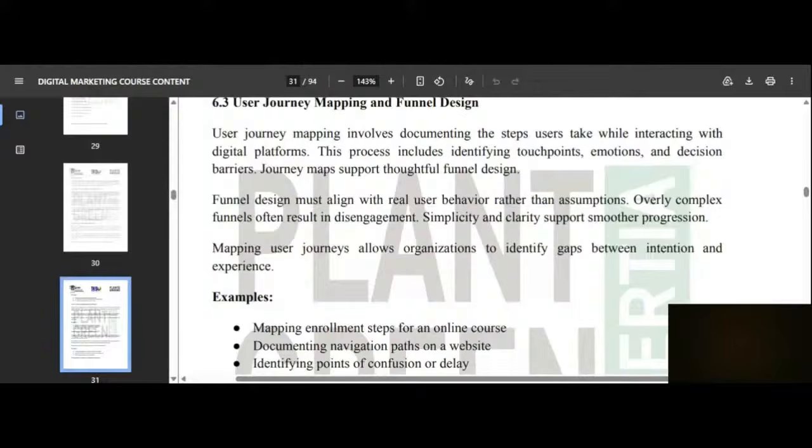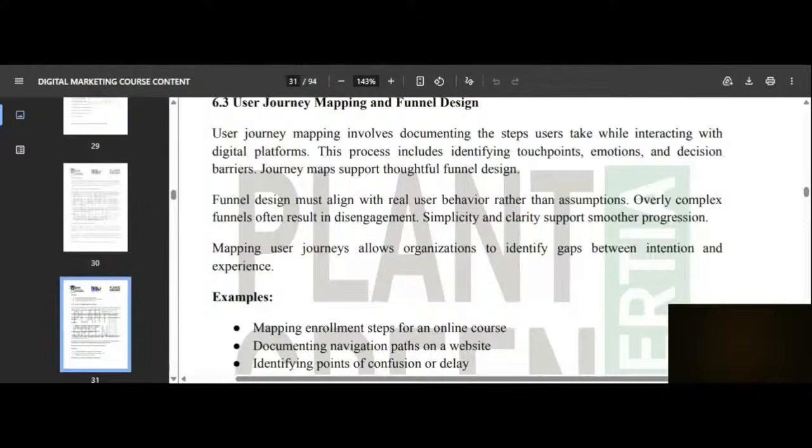It focuses on what the users think, what the users feel, what the users are doing on your website, and where they struggle. So, you're going to map the step by step experience a customer goes through on your website.